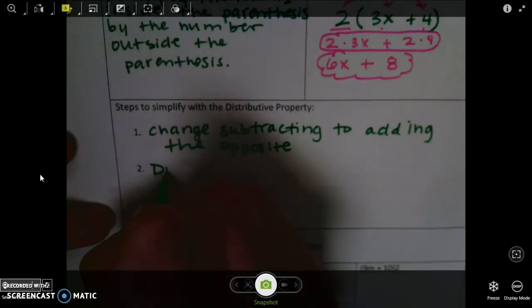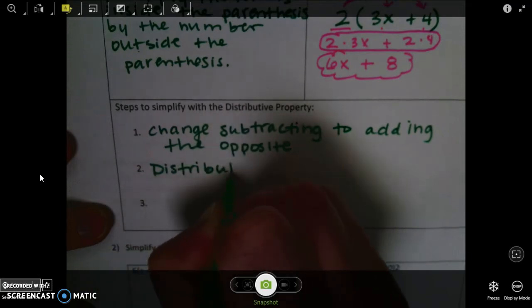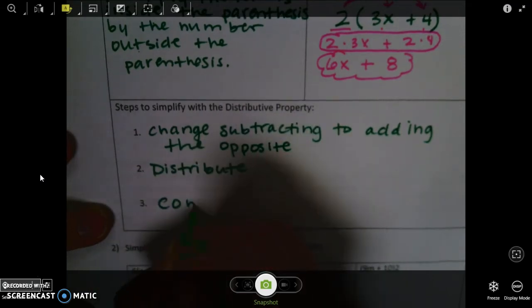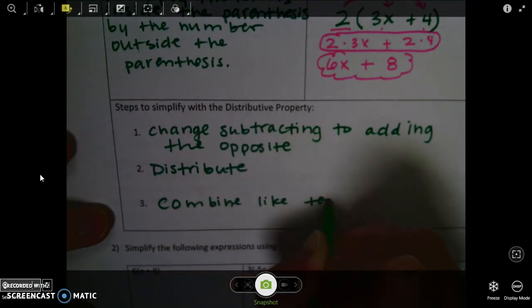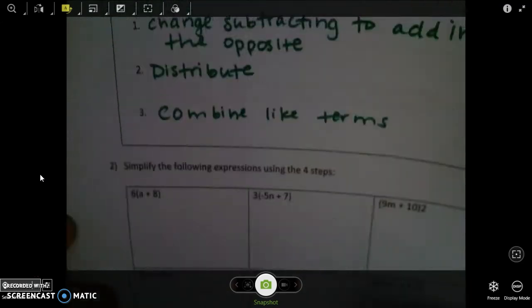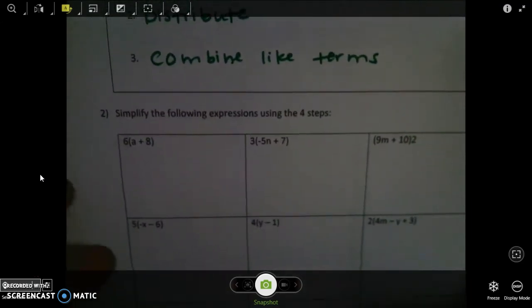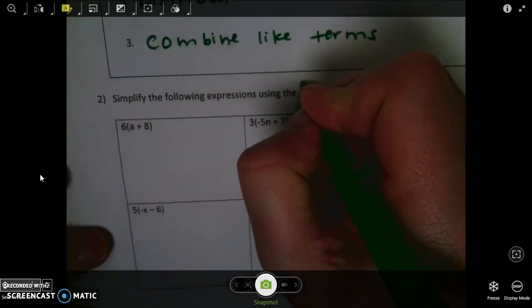Second step is to distribute, which is what we just did in the previous example. And then the final step is to combine like terms if you can. Okay, so let's go ahead and look at the example down here. There's actually only 3 steps, so you can change that.